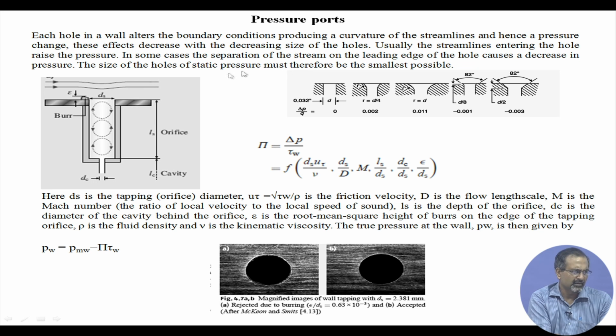Now these are somewhat general, in the sense that they give you certain guidelines, but it may not always be possible for you to follow them, and for certain sensors you are actually not going to have an orifice at all. You may have a sensor inserted flush with this surface, like the Kulite pressure transducers, which are used very often for unsteady pressure measurements.